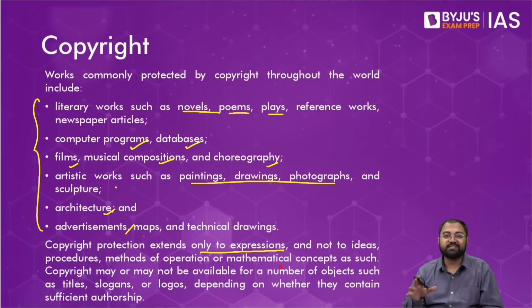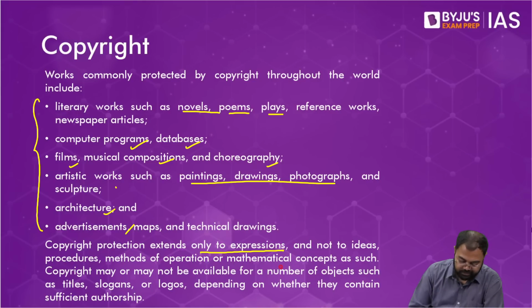It's not that I can just go and say, look, I have an idea to write a new book, so please give me the copyright to this book. No, that can't be given. Copyright will only be applicable once the work is completed, otherwise not. So that's why it extends to expressions of the ideas and not just the ideas.